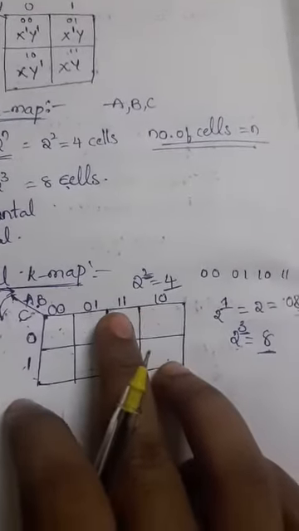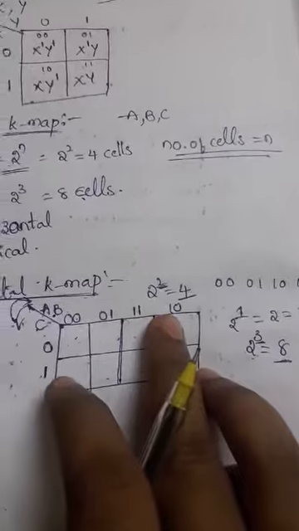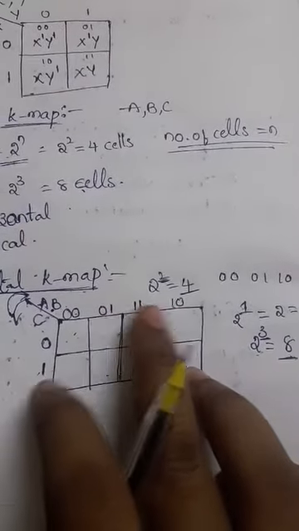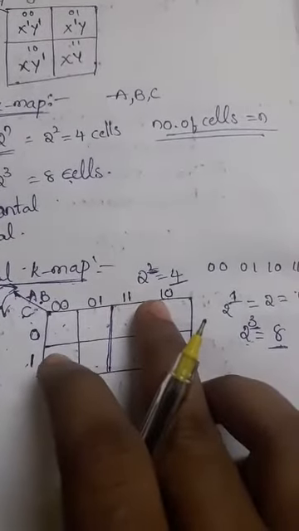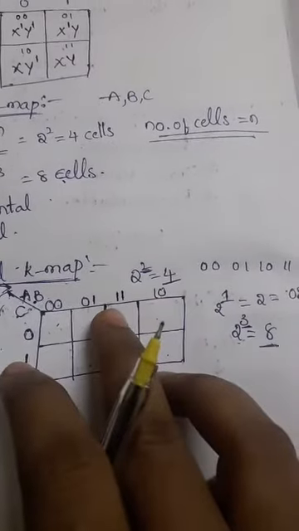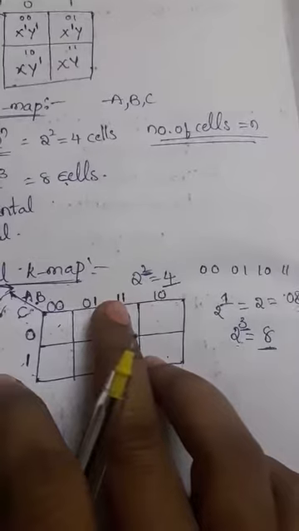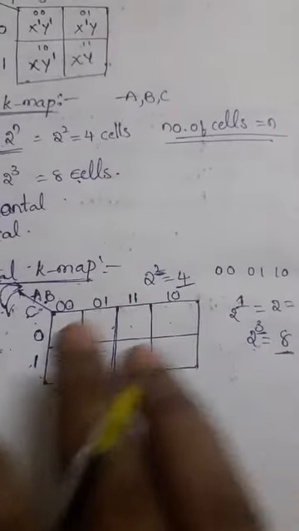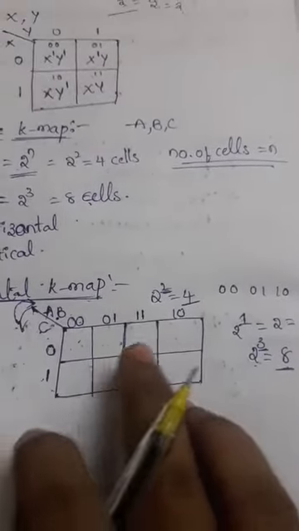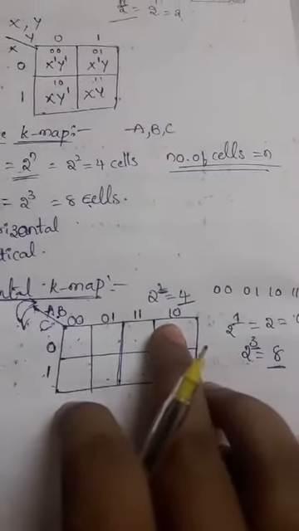Why did I write 1 0 here and 1 1 here? Many of you may have the same doubt: according to the K-map, why are we writing 1 1 here and 1 0 here?